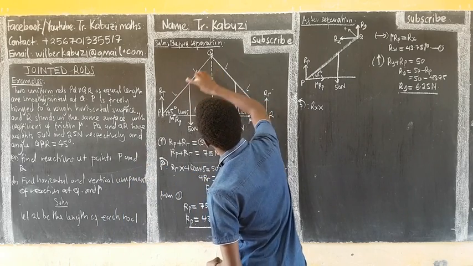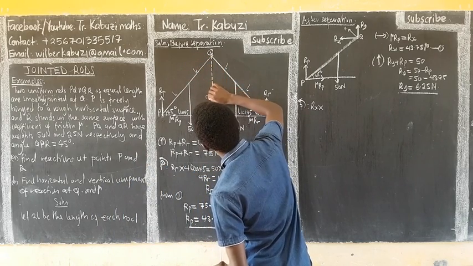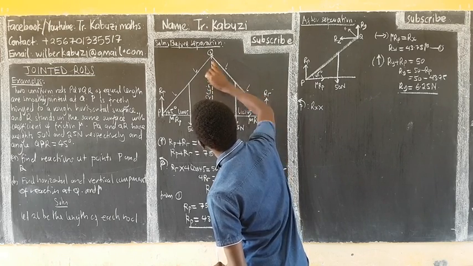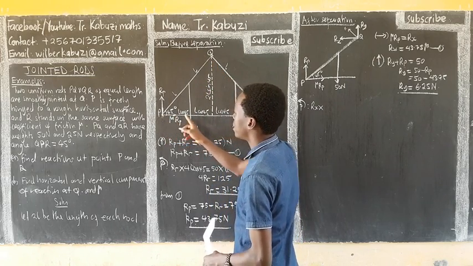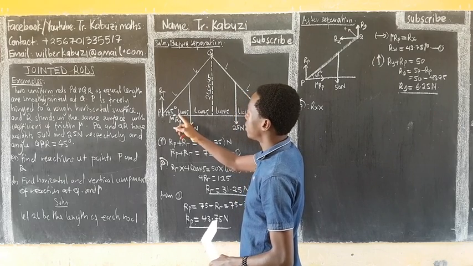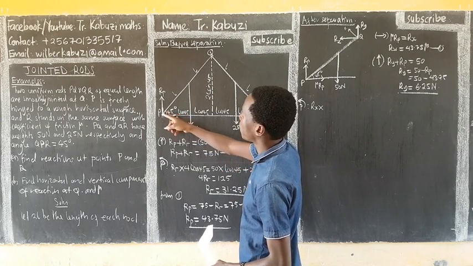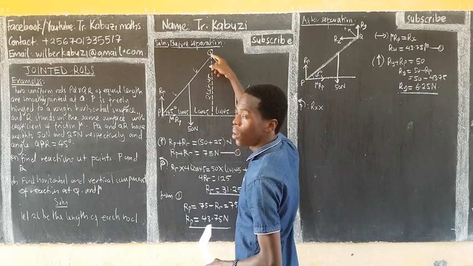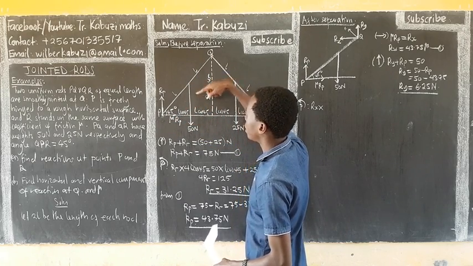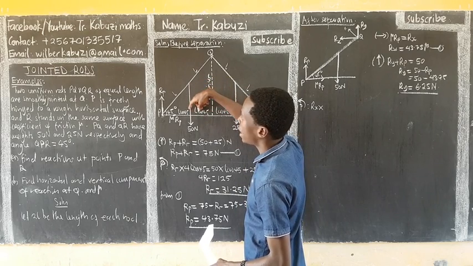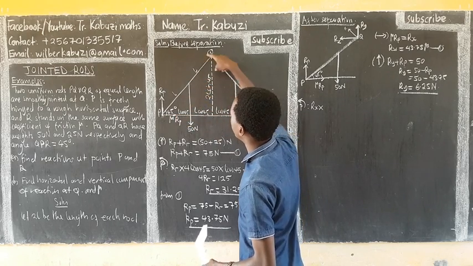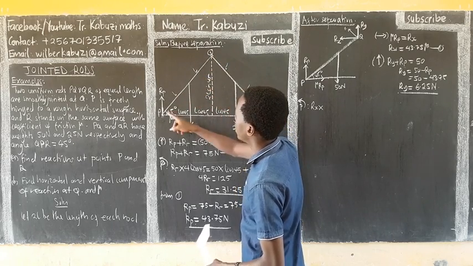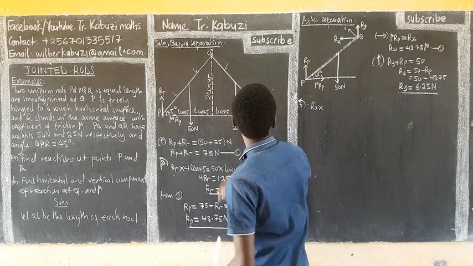So remember, if this is 2L, then sine 45, because these are adjacent. If this is adjacent, then this becomes L. But if you consider only L, but now I'm considering the big one from here up to here, which is 2L. If I consider only from here up to here, it will be L sine 45. But from here up to here, I have L plus L, which is 2L, then sine, because this is opposite.